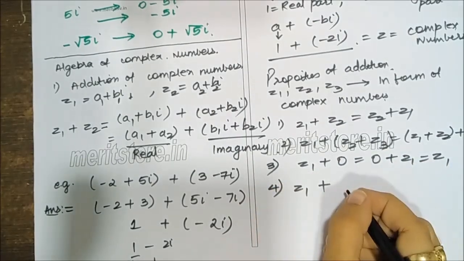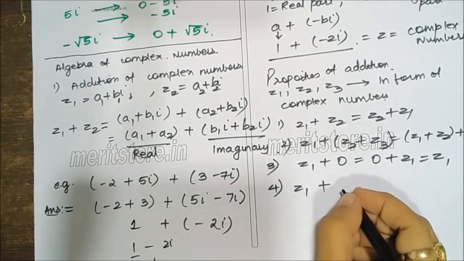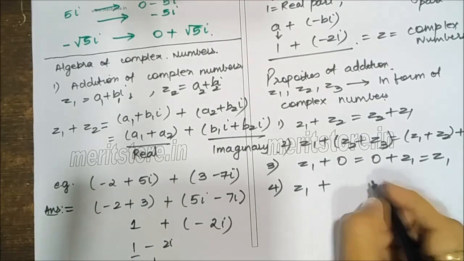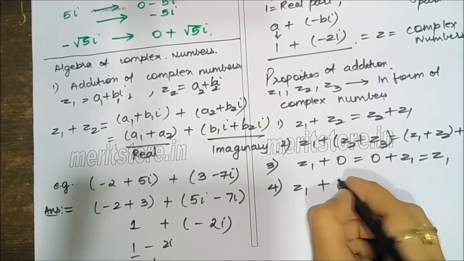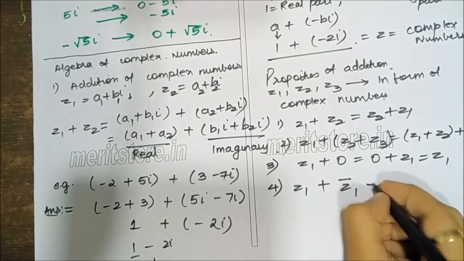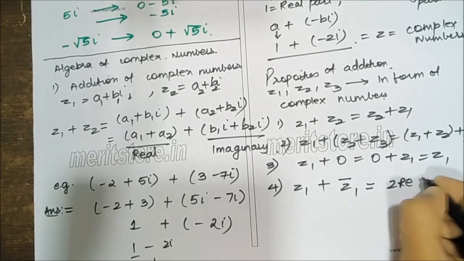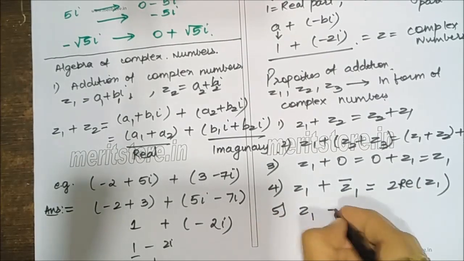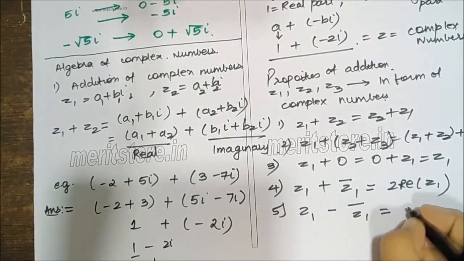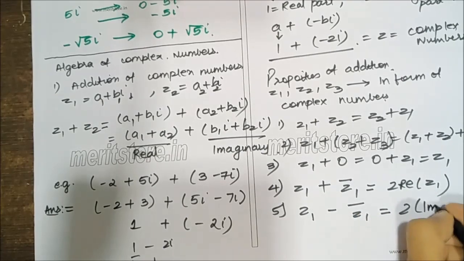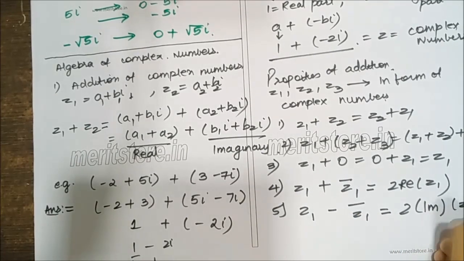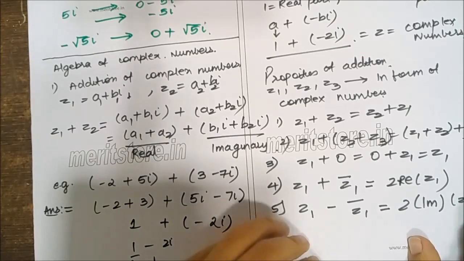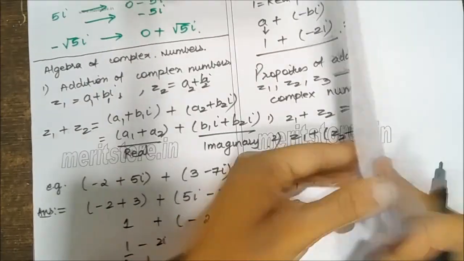Fourth, Z1 plus the negative of Z1 is 2 times the real of Z1, and fifth, Z1 minus the negative of Z1 is 2 times the imaginary of Z1. These are certain properties of addition.